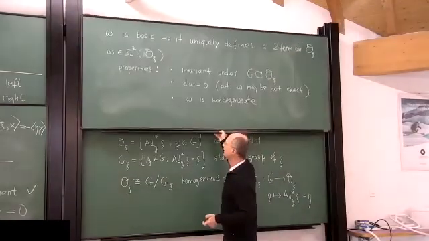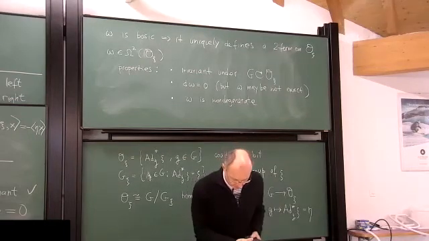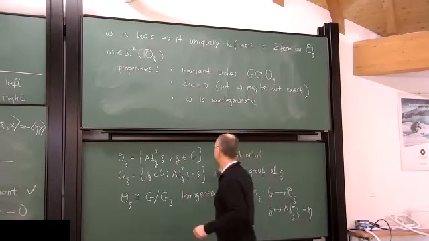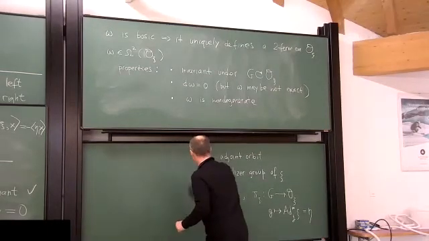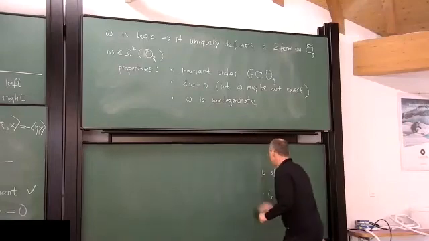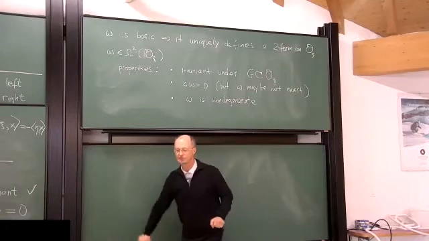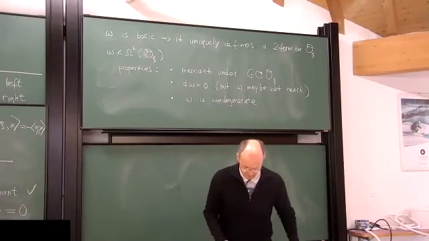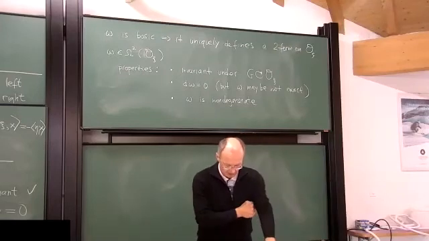So, as I say, perhaps I prefer not to prove it, but instead I would like to derive two more properties of omega, and these properties will be useful for us in what follows.